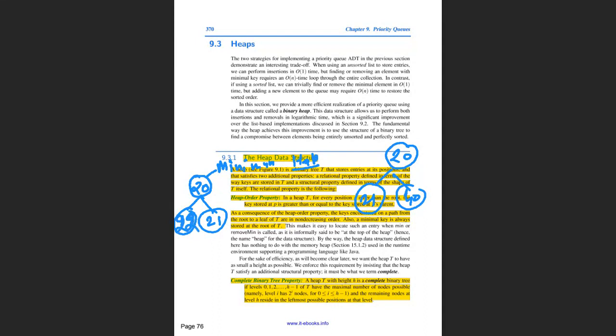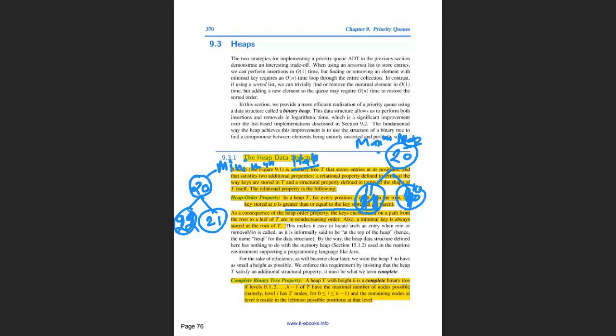So I make this 20, this 11 and this 10. If you do not understand what I am saying, this root is bigger, so this is called maximum heap, where the root node is bigger than the children. Let's see the heap order property. In a heap T, every position other than the root has a key greater than or equal to the key stored in the parent. So this is a maximum heap.